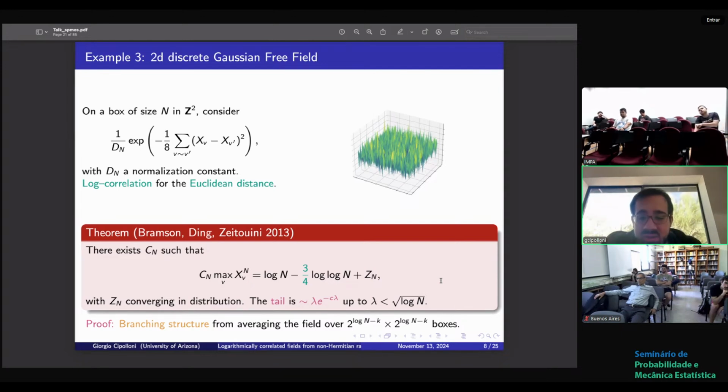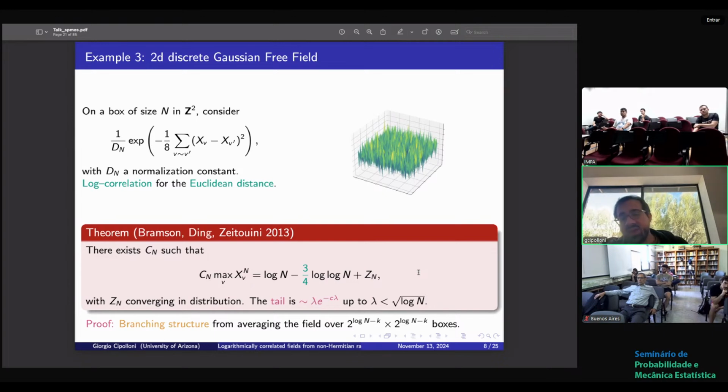So let me just explain it quickly in words. If we're interested in the value of the field at a point, rather than looking at this value itself, we look at the value at that point minus the value of a box around that point, and then plus the value of this box minus a larger box, twice as large, and so on and so forth.